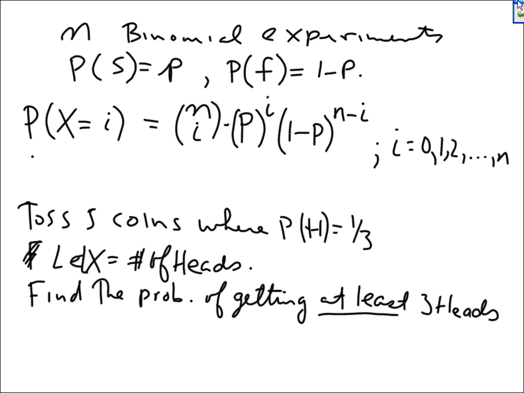Now, a lot of students taking probability, which means a lot of students walking the streets, do not know what at least means. And these are everyday expressions, and I hear students use it all the time. Oh, I got at least an 80 on that test.